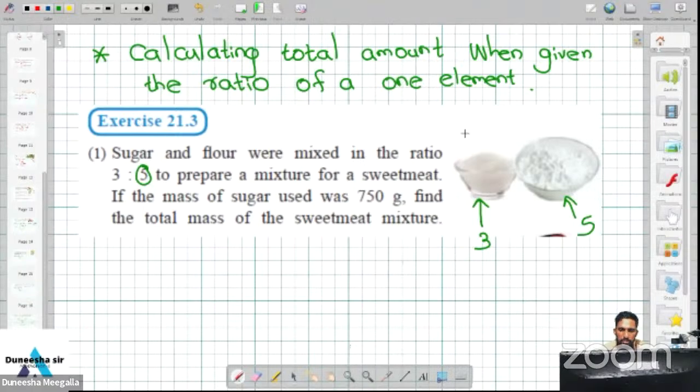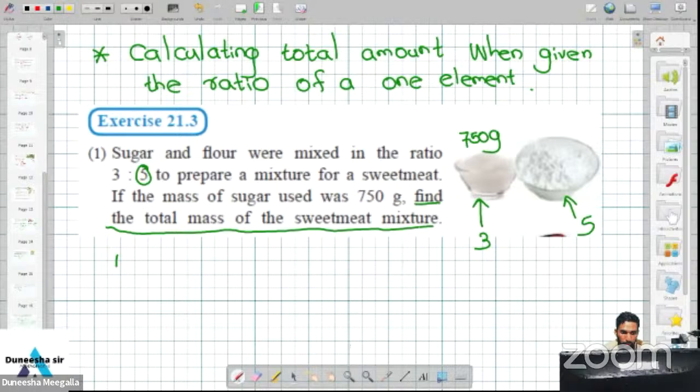Sugar use කරලා තියෙන කොච්චරද? 750 grams. Find the total mass. What the total mass of the sweetmeat mixture? What is the asking? Total mass.